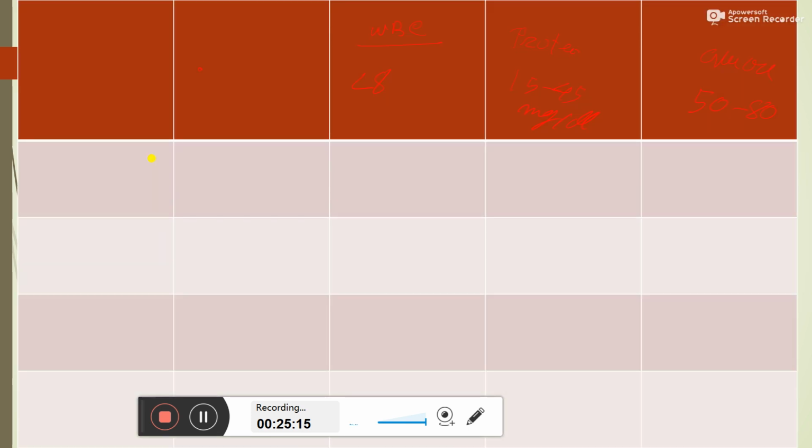So these are the normal values of CSF: CSF is colorless, WBC is less than 8 per cumm, protein is 15 to 45, and glucose is 50 to 80 milligram per dL.